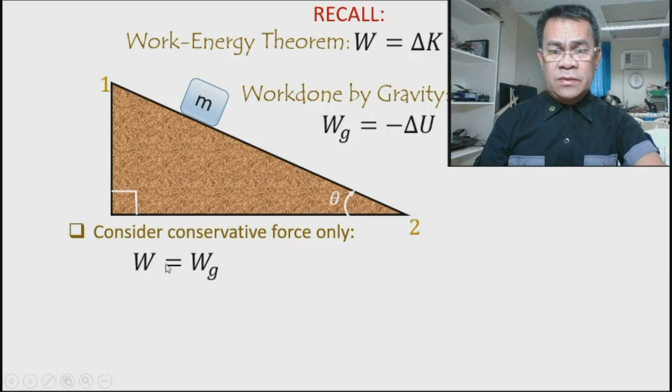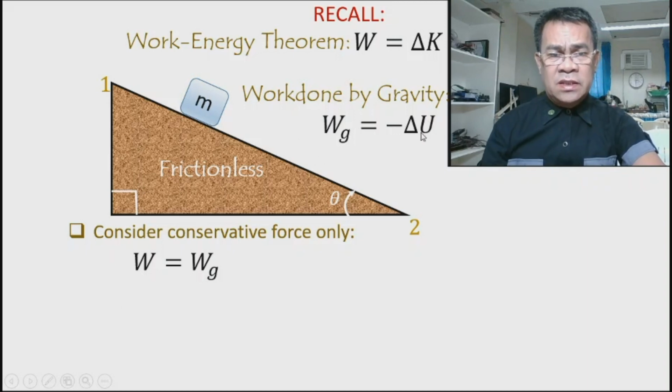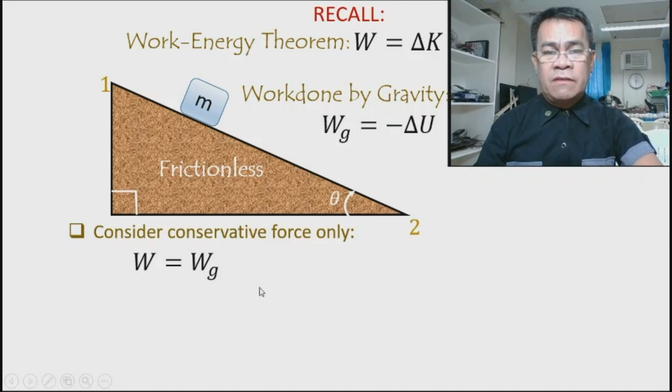So we can equate these two. Work done by the system is, take note, the change in kinetic energy, and work done by gravity is the negative change in gravitational potential energy. Remember, frictionless, because we consider only conservative forces. It is the gravitational force.